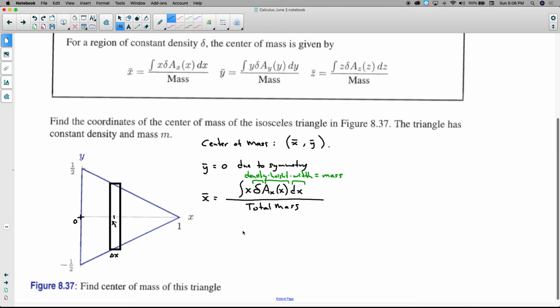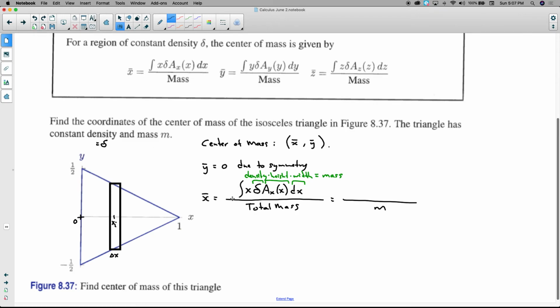Let's see what's happening with this one. Find the coordinates of the center of mass of an isosceles triangle. The triangle has constant density, which equals this, and mass m. I know the bottom is m, so I can do that. Just glance right past this integral.